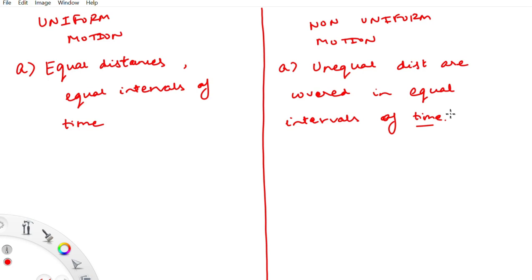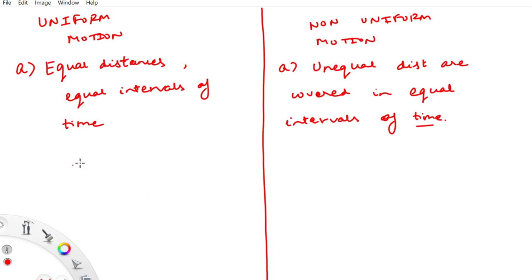So that's why I've mentioned equal intervals of time. Whereas distances can be unequal. If you're stuck in traffic, you're not moving, right? There is no change in your position. You see a free road or you see the highway, you get to drive fast. You can cover that much of distance. So you're basically not covering equal intervals of distance in equal intervals of time.